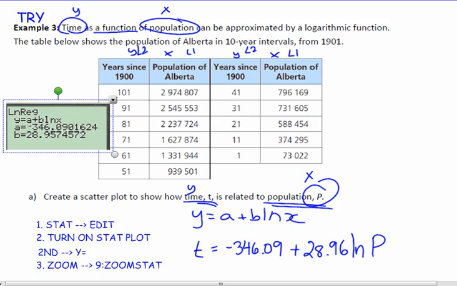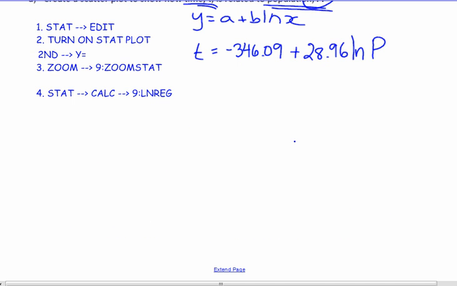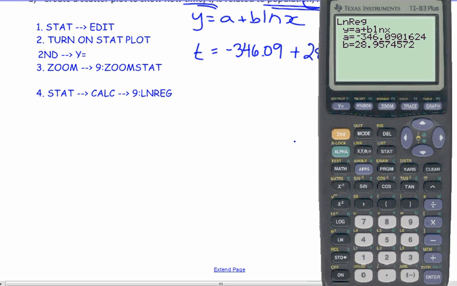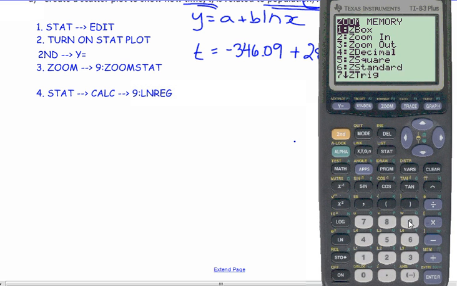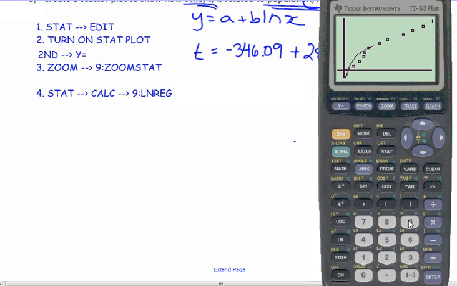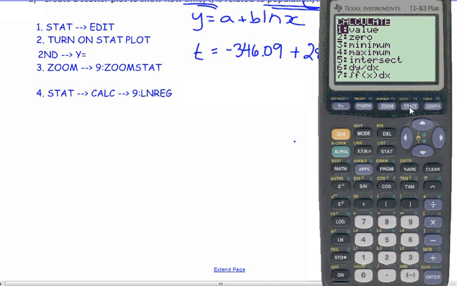Answer, find the intercept. If you go to graph, what would you push? Zoom 9. Looks something like that. So second, calc for x-intercept, number 2.